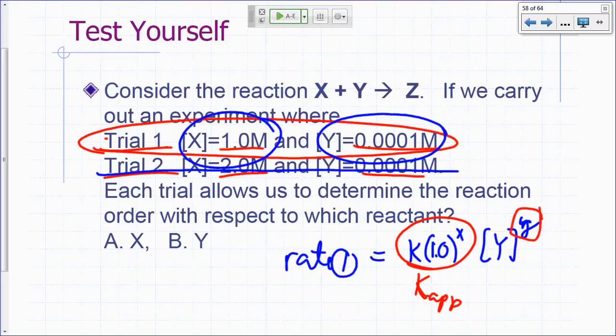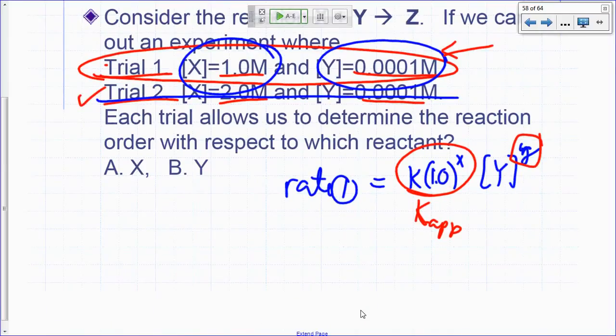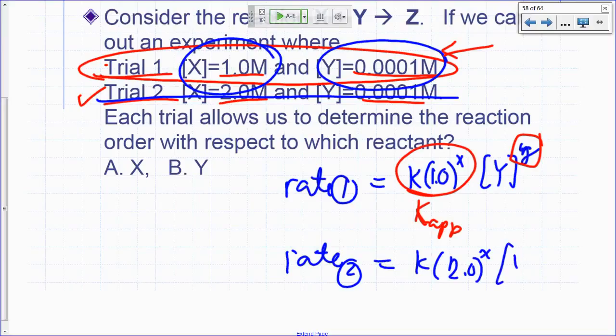The trial will allow you to determine the order of the reaction with respect to the reactant that's present in small amount. Same thing with trial 2, except that in trial 2, what's your rate constant going to be? For your rate in trial 2, you'll also be able to determine the order of reaction with respect to Y. Your apparent rate constant is just going to be different.